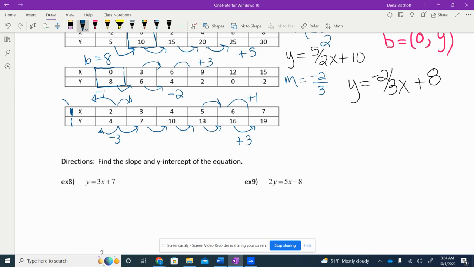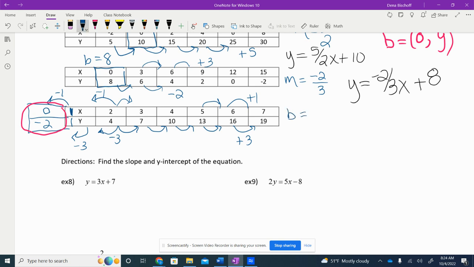Let's do it again. Let's go backwards 1. What would that give me as an input value on my x? A 0, which is what I want. So now let's go backwards. What is 1 minus 3? -2. So we used the table and our slope to find our y-intercept. Do you guys see that?